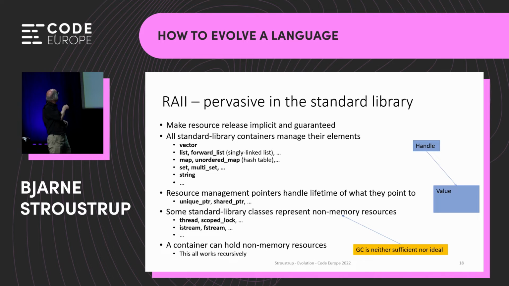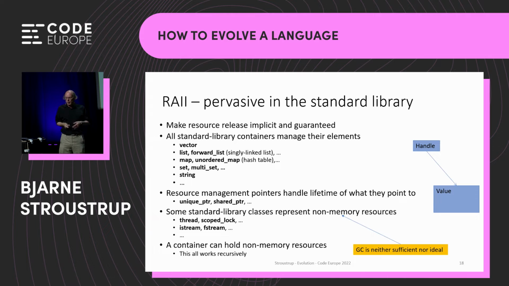So all the containers in the C++ standard library follow this pattern, and there are other things that are not just memory: threads, I/O streams, locks, and such, and it all works recursively. Of course, you tend to have a handle, you have to have a value, you have to establish this pattern in the constructor. In the destructor, you clear out anything that needs to be released.